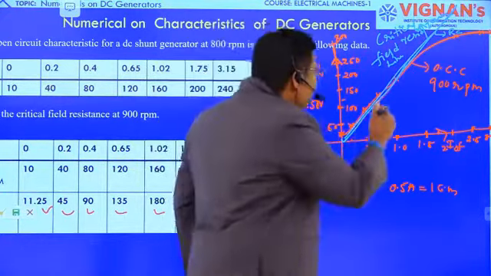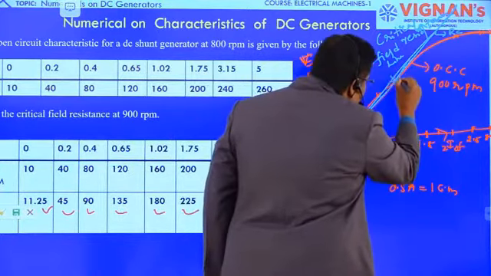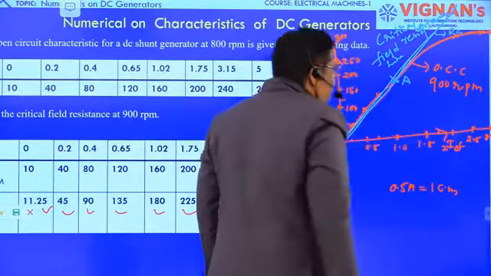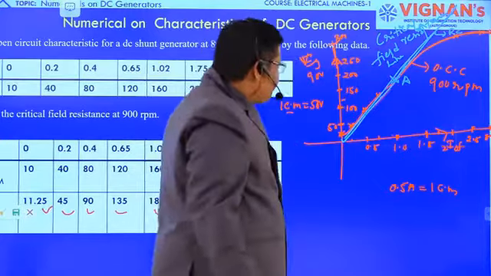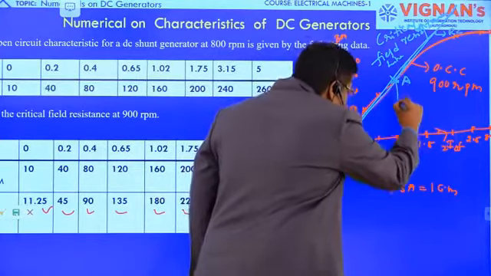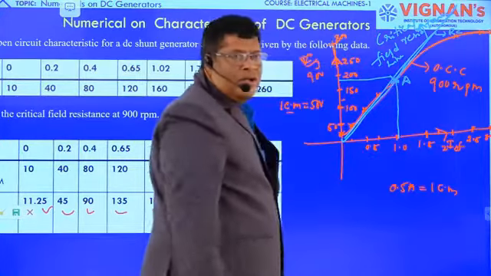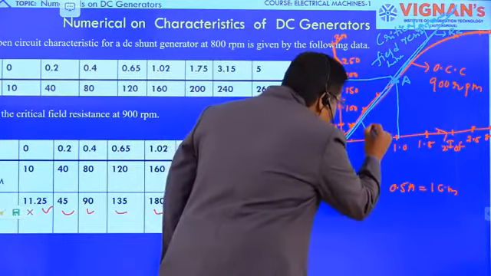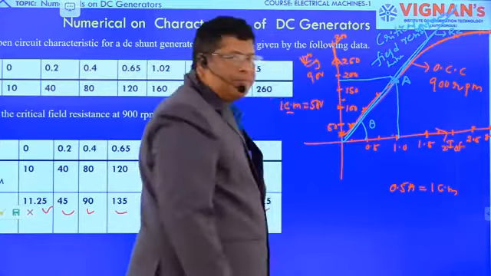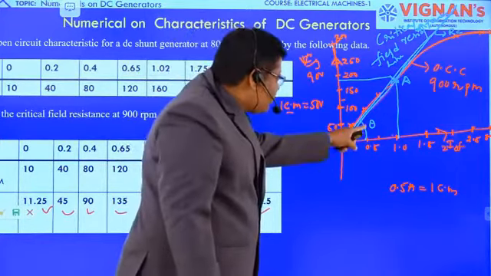Now you take one point here. That point is A. Draw a vertical line, and in the same manner draw one here also. The slope of this line is tan theta, where theta is this angle.